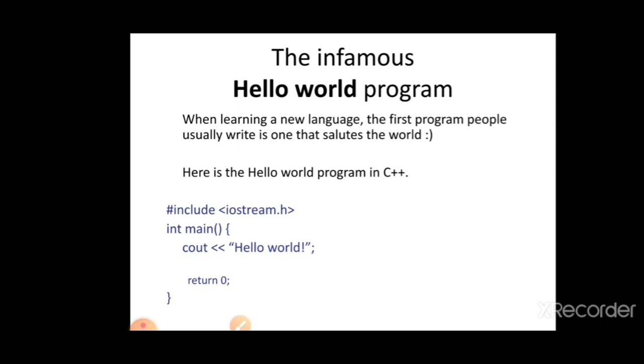Here I will explain what a compiler is. When you enter a program in the C++ editor, the compiler is there. The compiler is responsible for executing the program. It reads your programming statements and converts them into machine code, because computers can understand only machine code: zeros and ones, binary codes.